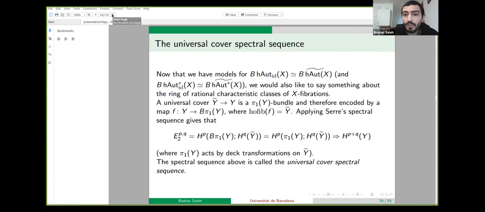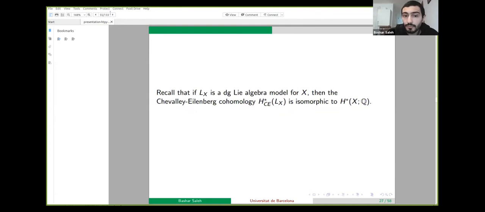So now let us apply this to our case. If Lx is a Lie algebra model for X, then the Chevalley-Eilenberg cohomology of Lx is isomorphic to the cohomology of X with rational coefficients.